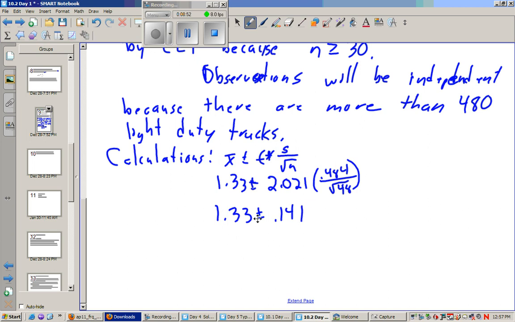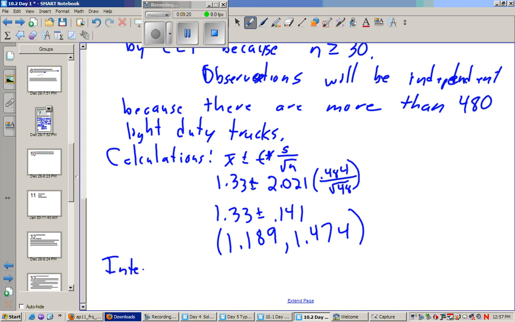That's good. So if I subtract that from 1.33, I'll get 1.189. And then if I add it, 1.33 plus 0.141, I'll get 1.474. So that's our range. That's our confidence interval.